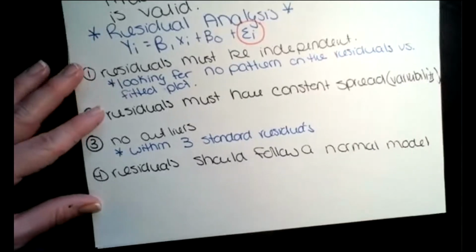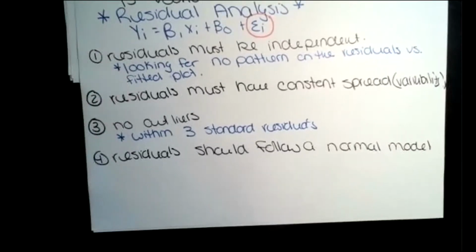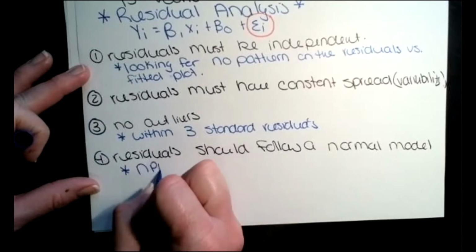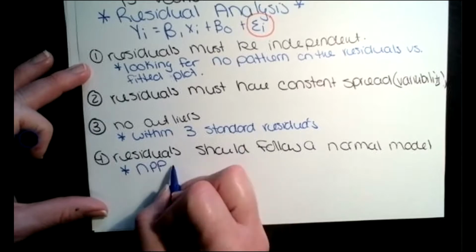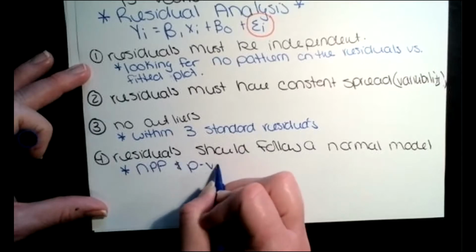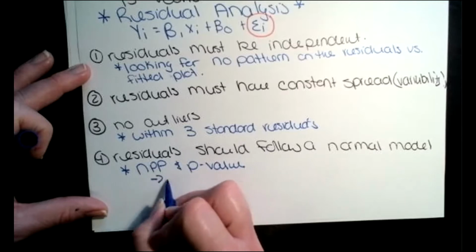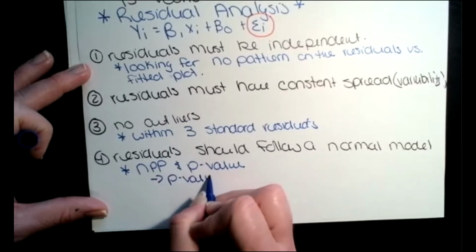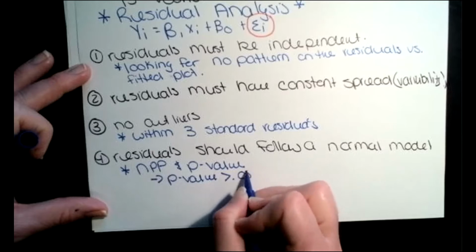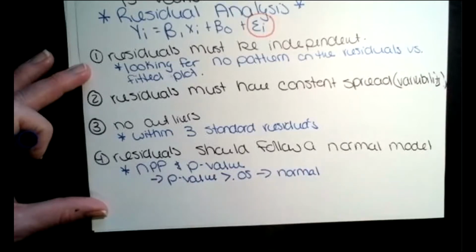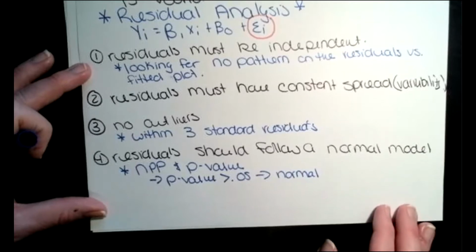That's not new for us. Here we're going to study an NPP and the p-value, right? What we're looking for is that p-value to be greater than 0.05 to go ahead and assume normality. And that's what we're going to look at.